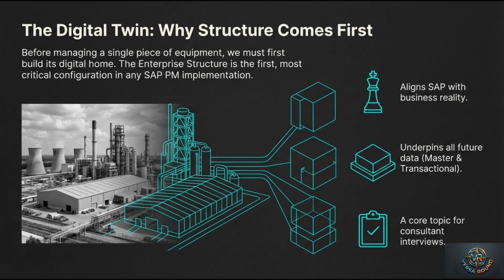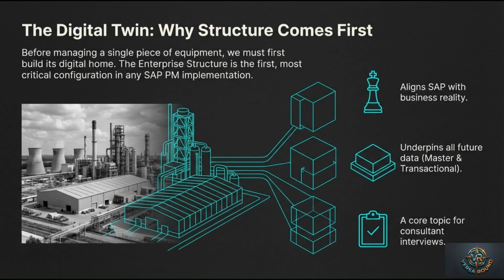The digital twin concept. Before you can manage a single pump, motor, or conveyor belt in SAP, you need to build its digital home. This is what we call the enterprise structure. It's the very first and most critical piece of configuration you'll do. Why is it so important? 3 key reasons.